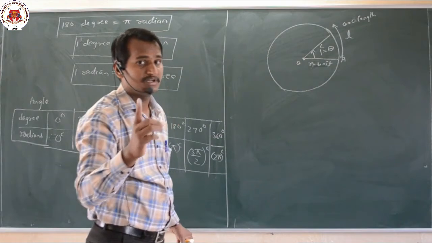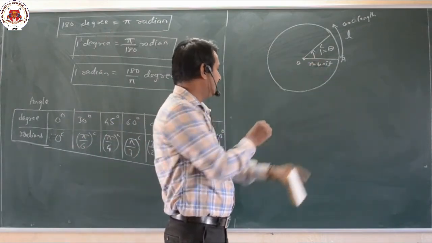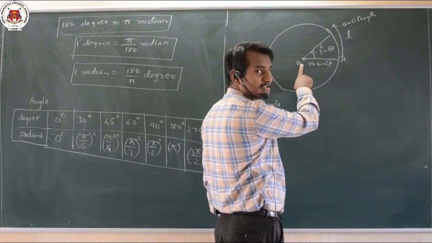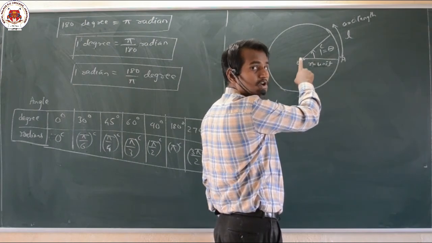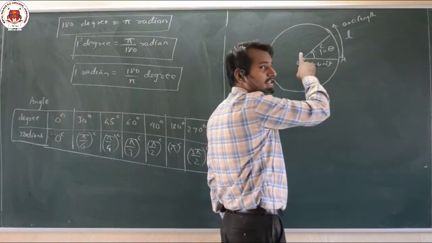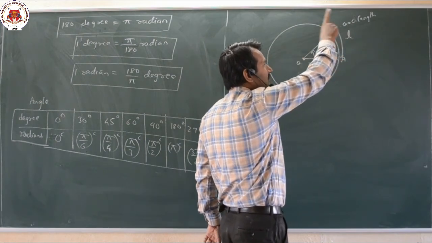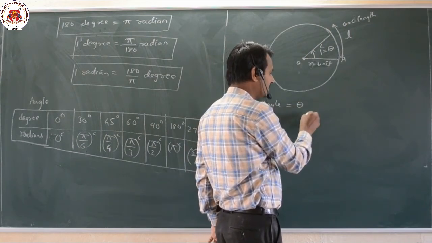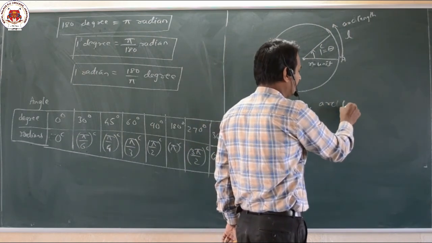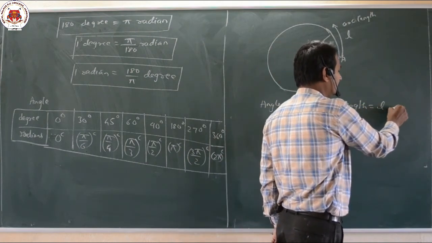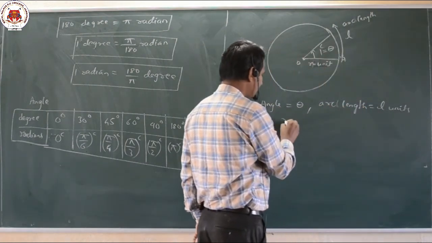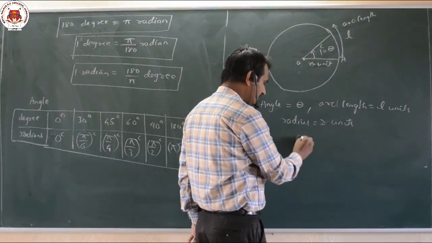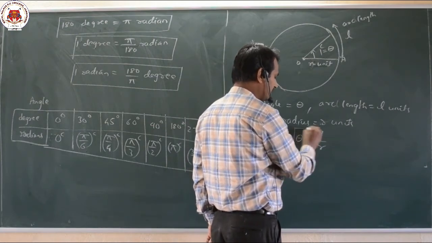The angle subtended at the center of the circle by the arc length, where the circle has radius R units. If the angle is theta, the arc length is L units, and the radius is R units, and I want to find theta, that is nothing but L by R. Theta will be nothing but L by R.